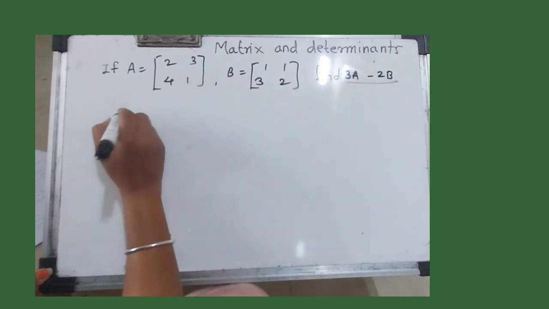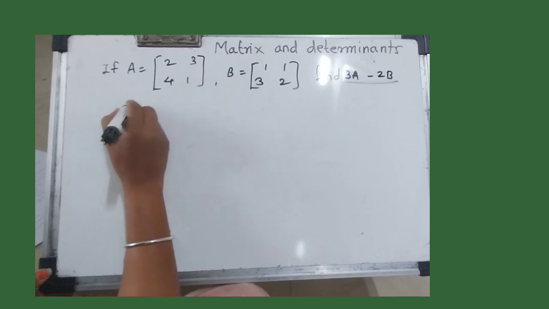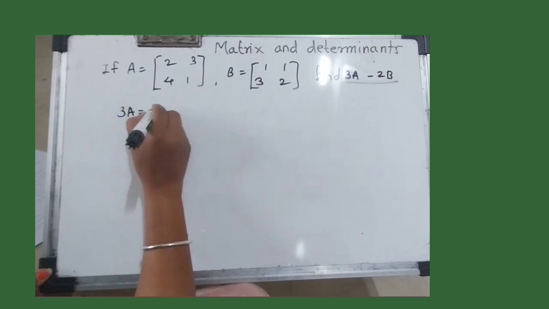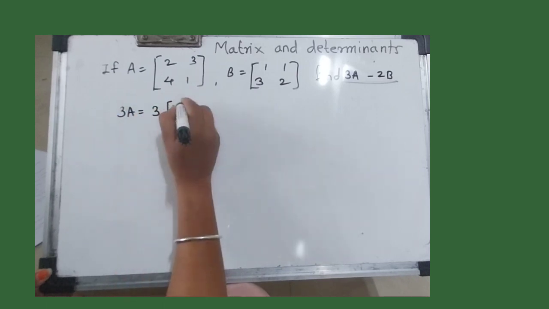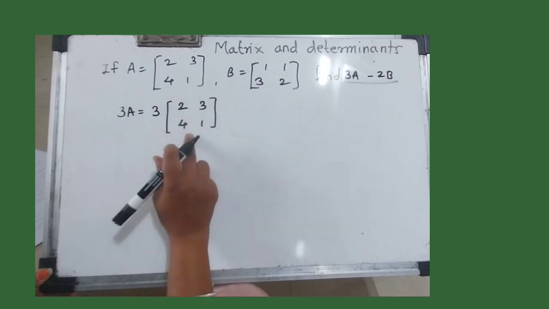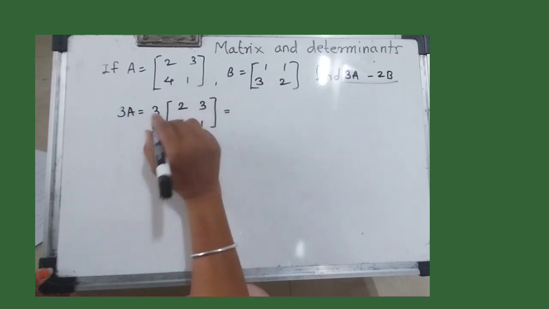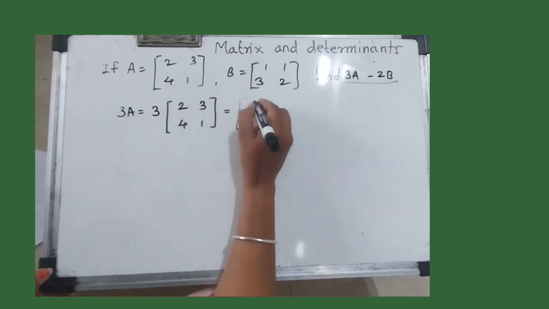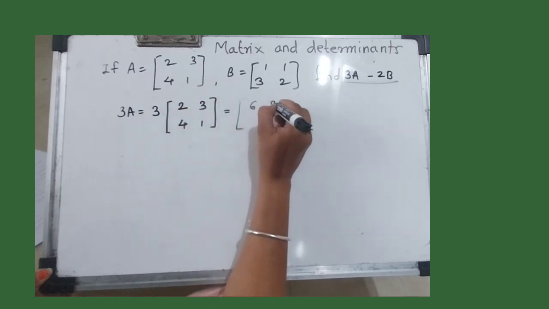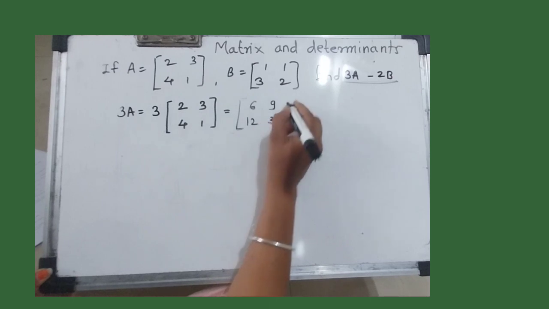What we do here? They given A and B matrices. First find 3A. Simply multiply 3 by each and every element of the A matrix. We get 3A. 3 into 2, it is 6. 3 into 3, it is 9. 3 into 4, it is 12. 3 into 1, it is 3.